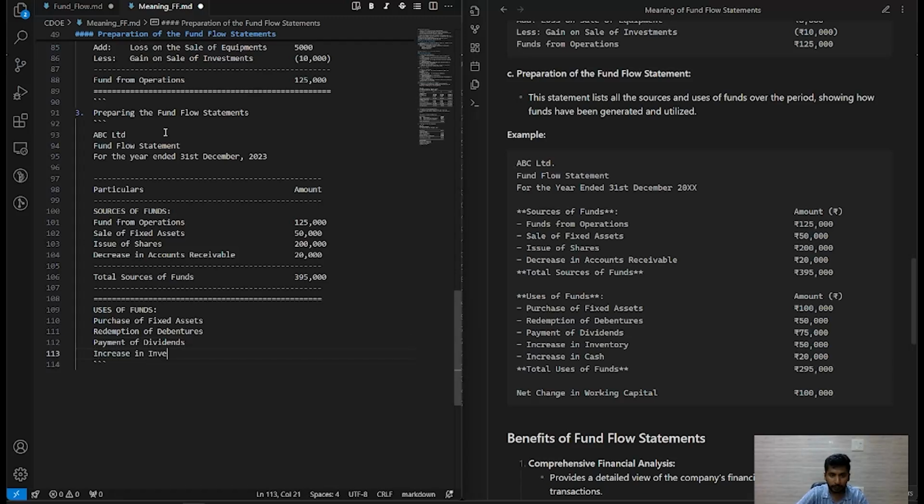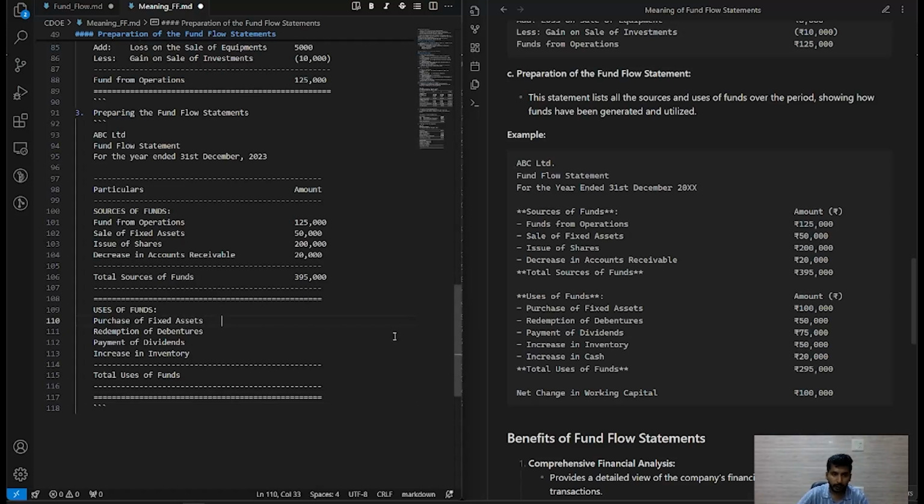Increase in inventory. Total uses of funds. Which will give me my net working capital.